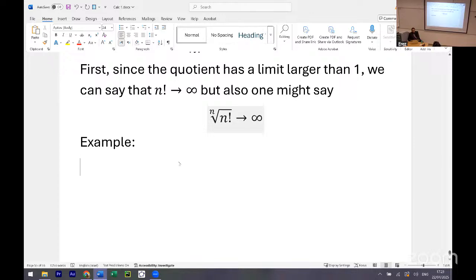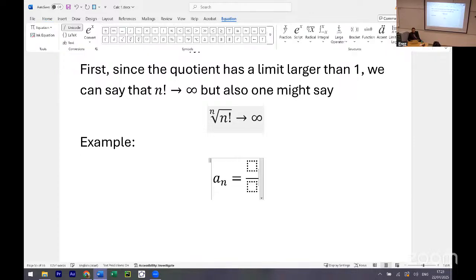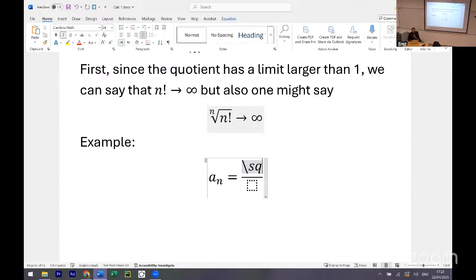What would be the limit of the n root, sorry, of n factorial over n? I'm asking what is the connection between the average and the number I'm at, the average of the numbers up to me, and me.